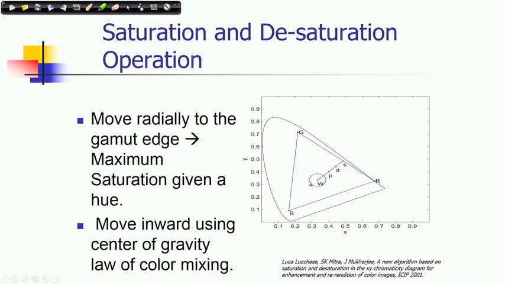Usually the colors within this circle are whitish, so it is not visually pleasing if we disturb these points. So, sometimes for saturation and desaturation processing, we leave out these points which are very close to white. We can model an empirically chosen threshold radius around the point W, and leave those out of this processing.